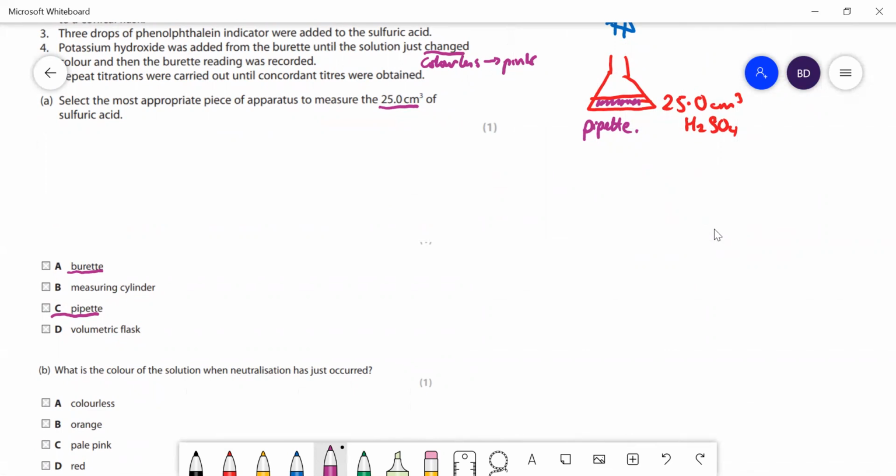What is the color of the solution when neutralization has occurred? Well, it's going to go from colorless, because that's the color of phenolphthalein in acid, to pink. So we want pale pink when you've just added 1 drop too much.